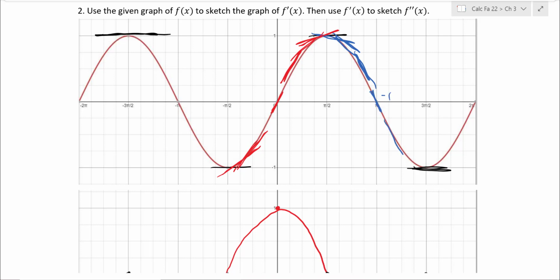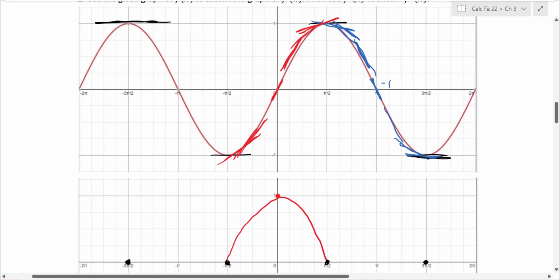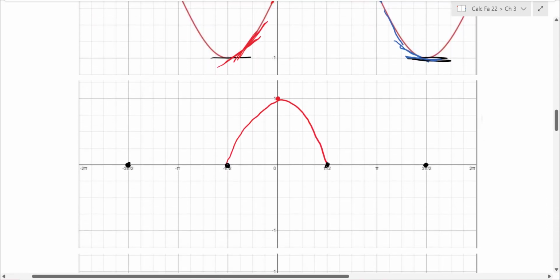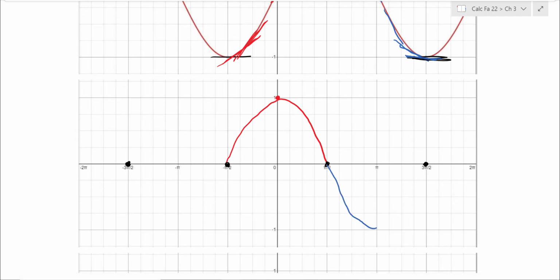And then eventually, as we move closer to that next horizontal tangent, our derivative is getting closer to 0 again. So we're negative, right? Negative slopes for all those blue lines. And we get more and more negative until we get to about -1 at pi, and then are getting closer and closer to 0 again, so less negative towards 3 pi over 2.